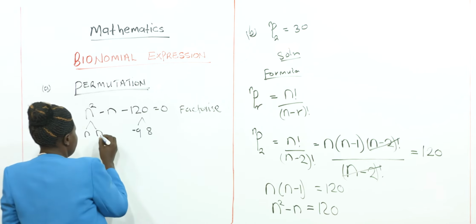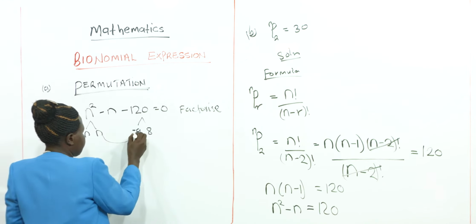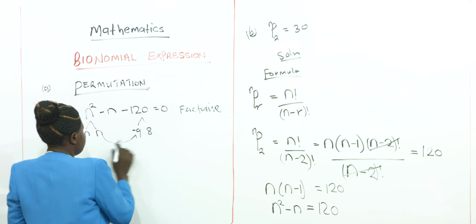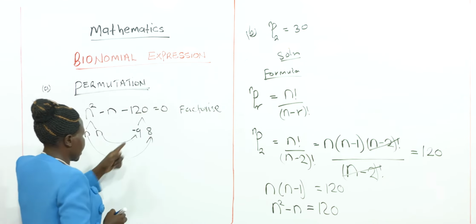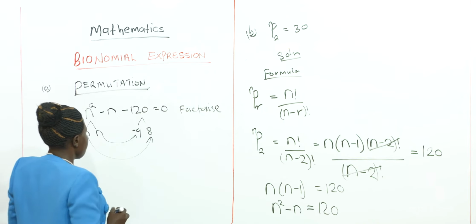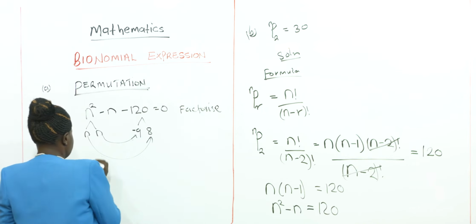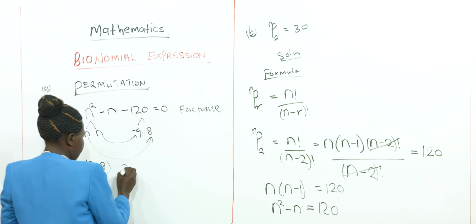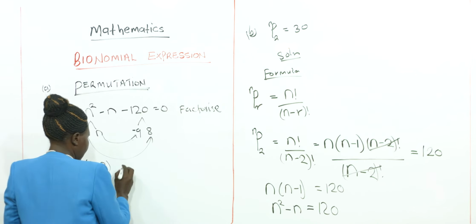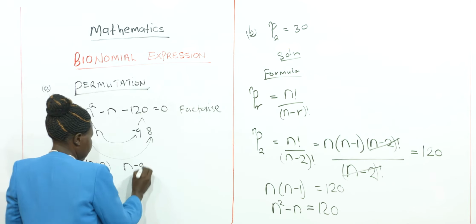Then you will correspond them: n will go with the positive 8, and n will go with the negative 9. So we shall have n plus 8 and n minus 9.